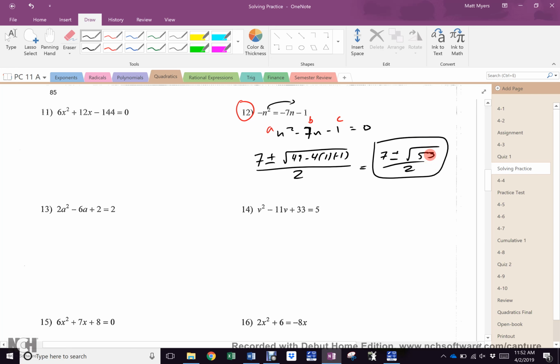The square root of 53 is about what? What perfect square is near 53? 49. 7, right? So this is a little bit more than 7, right? So it's 7 plus a little bit more than 7, which would make it 14 plus divided by 2, right?